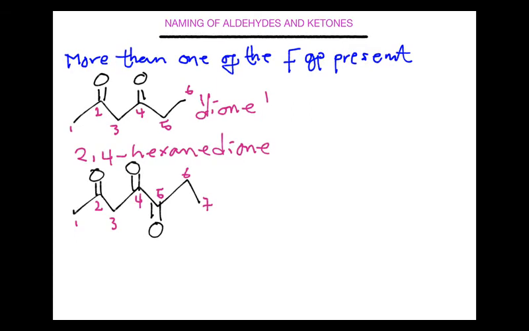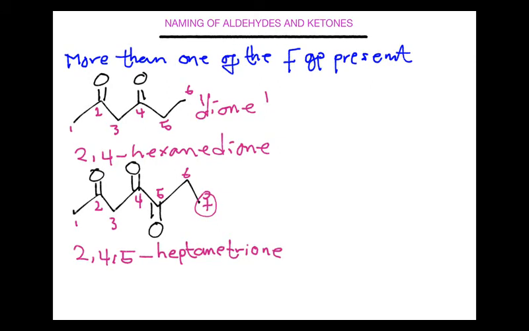We have 2, 4, and then 5, and we bring our dash. It is heptane, so it's going to be heptane trione, 2, 4, 5 heptane trione.